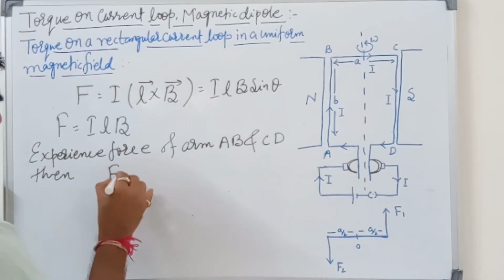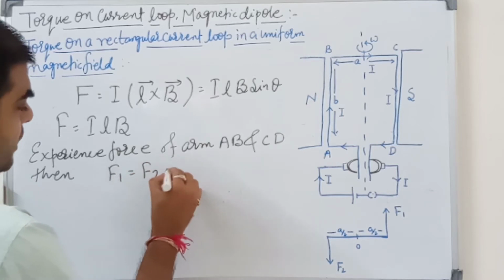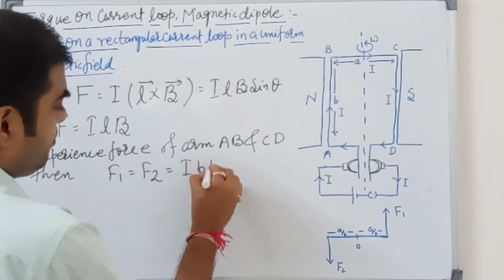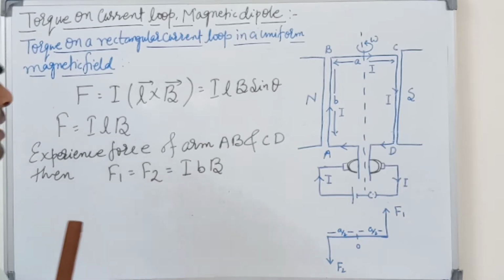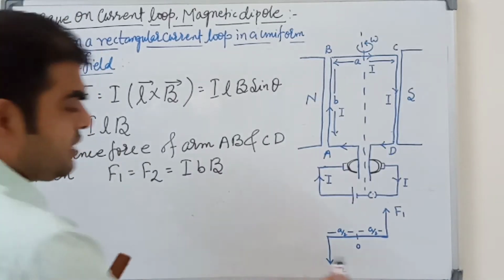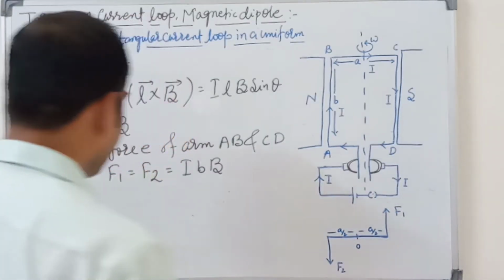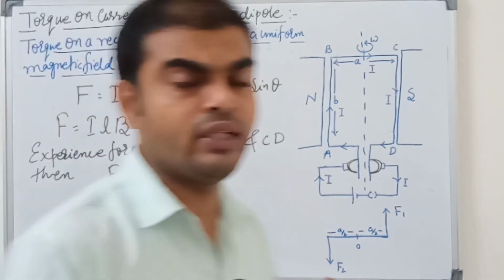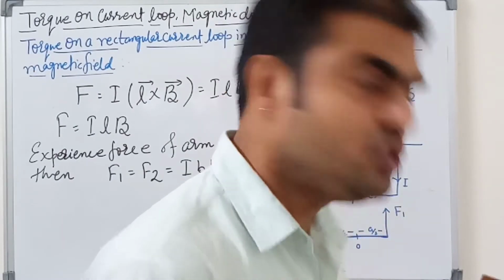Force F1 and F2 are both equal and opposite. So IbB is the force created on the right side and left side. Both are equal and opposite, so the net force is 0.